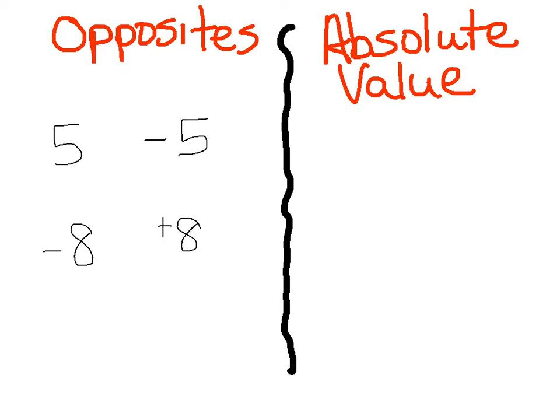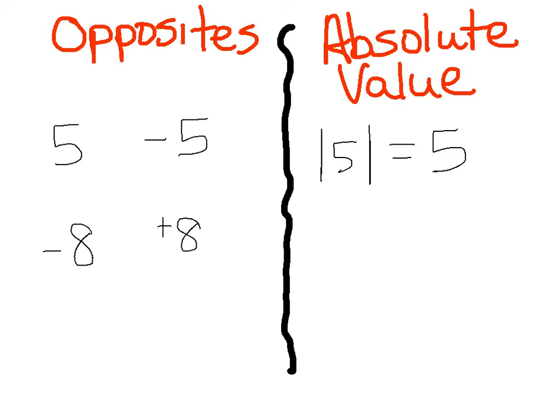So sometimes the opposite number is negative and sometimes the opposite number is positive. Now let's look at how that works with absolute value. If I want to find the absolute value of the number 5, that means how far is 5 away from 0 on the number line. And the distance is 5 steps.